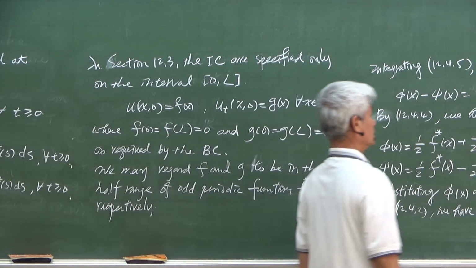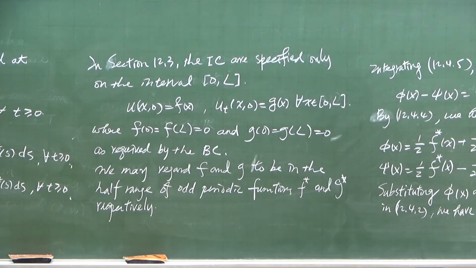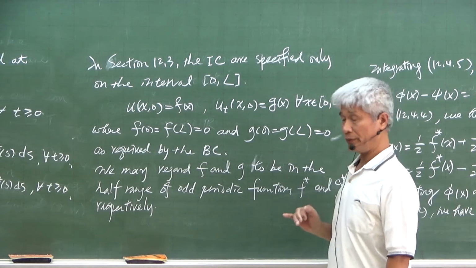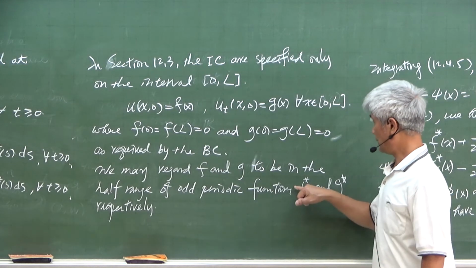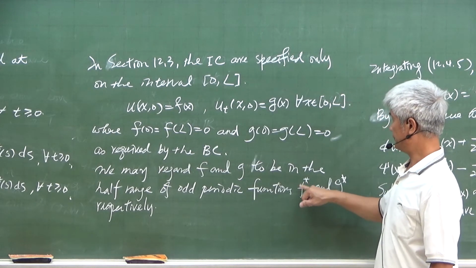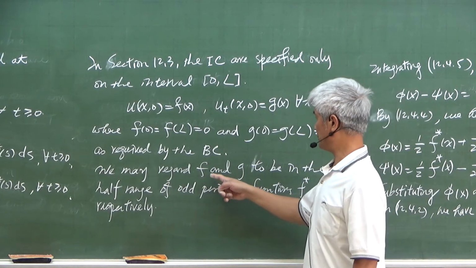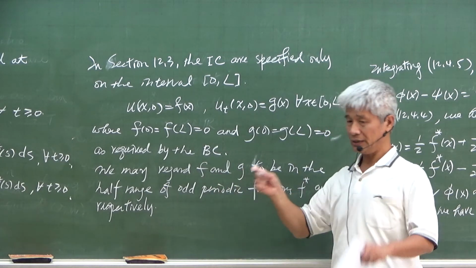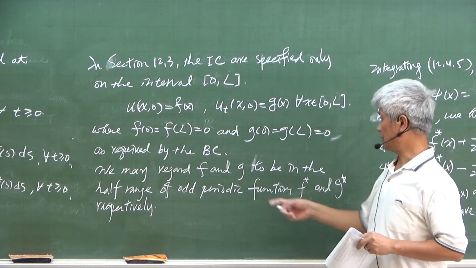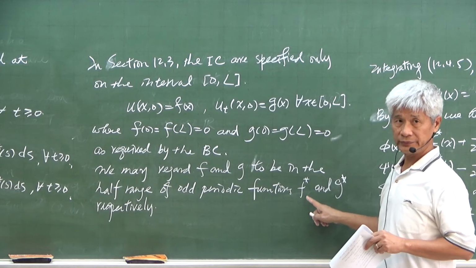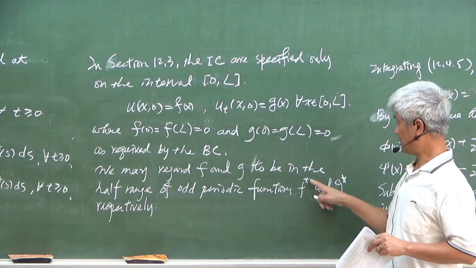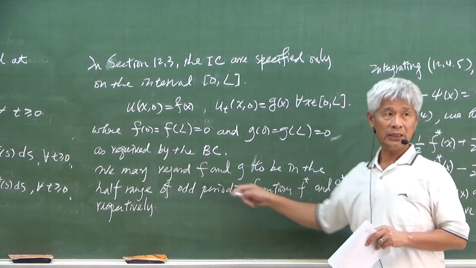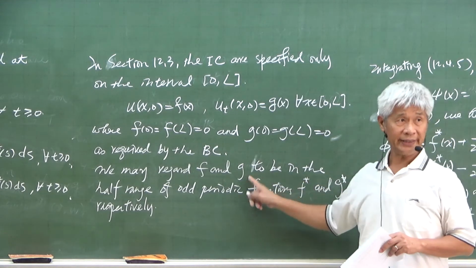As before, the relationship between f and f star is that f is in the half range of an odd function, which means that we can construct f star from f, and we can construct g star from g, right?